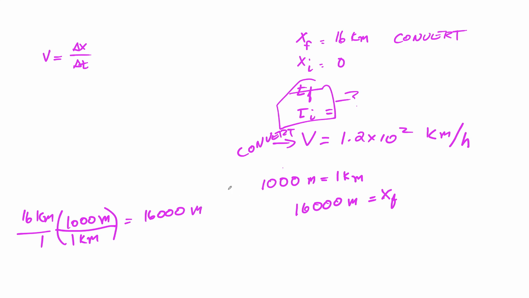Now my velocity. Velocity is equal to 1.2 times 10 to the second kilometers per hour. Excuse me, I meant to put a plus. What I'm going to do is take 1 kilometer and multiply that by 1,000.